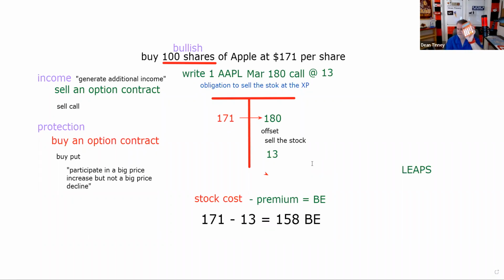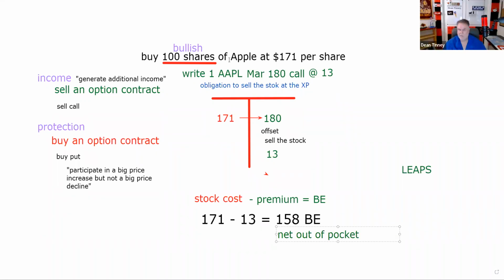I brought in 193 and paid out 171, so my max gain is 22 points. Another way is to take your break even, because this is your net out-of-pocket cost for this position, 153.